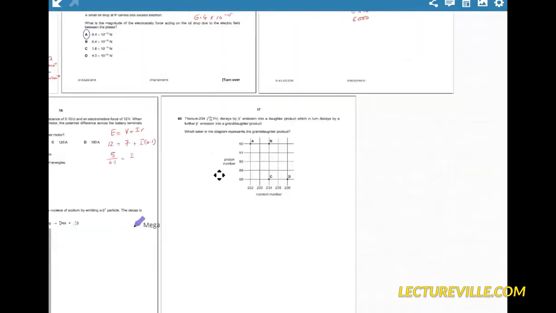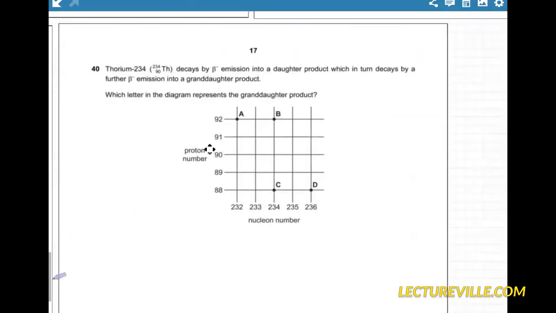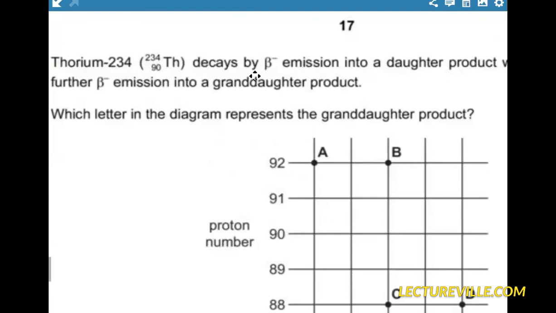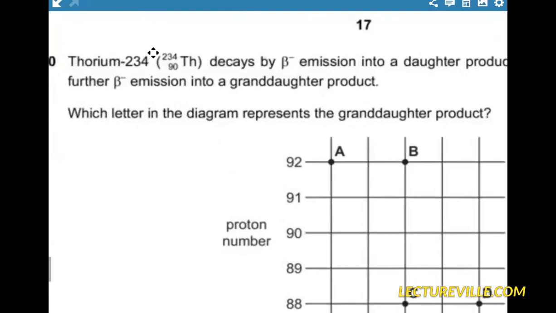Okay, coming to the last question. Thorium-234 decays by beta minus emission into a daughter product, which decays by further beta minus emission into a granddaughter product. Which letter in the diagram represents the granddaughter product? Now, we just discussed this. When a beta particle is emitted, nothing happens to 234.